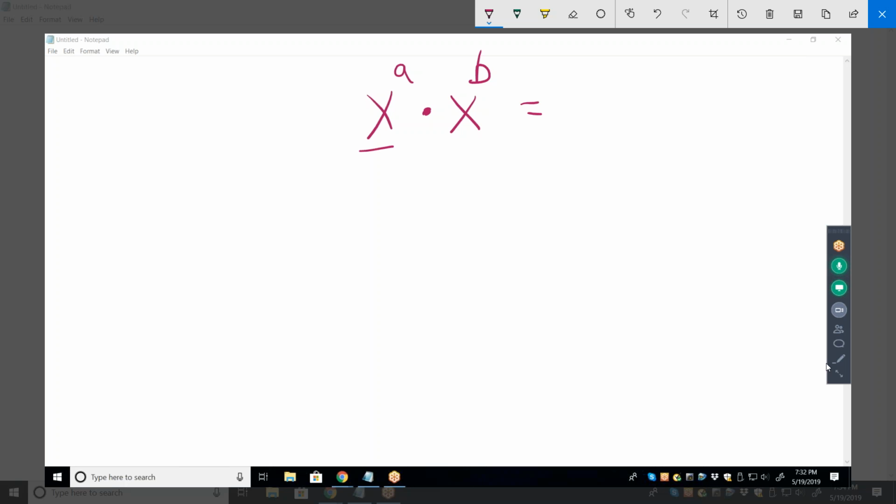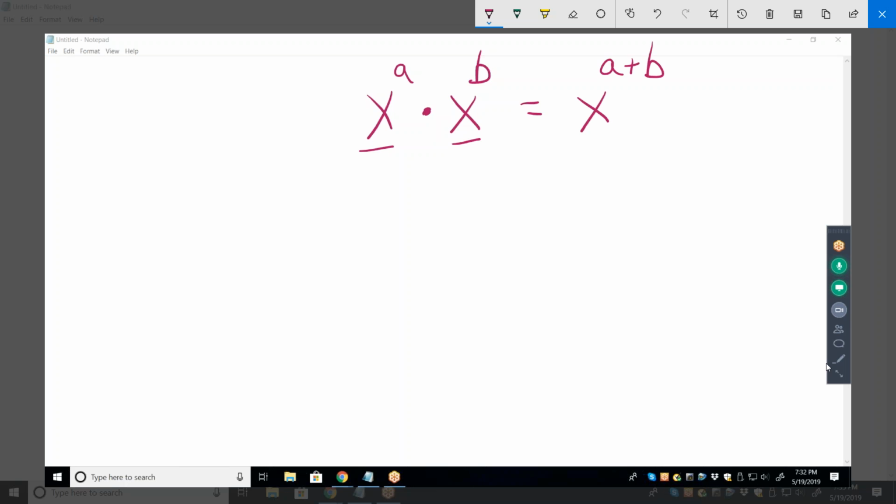You're multiplying the bases. x to the ab, right? No, that's not what you do. It's x to the a plus b power.